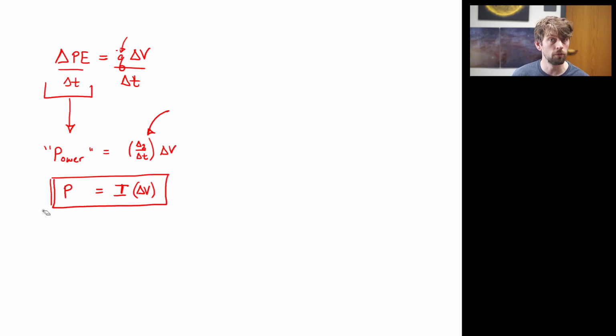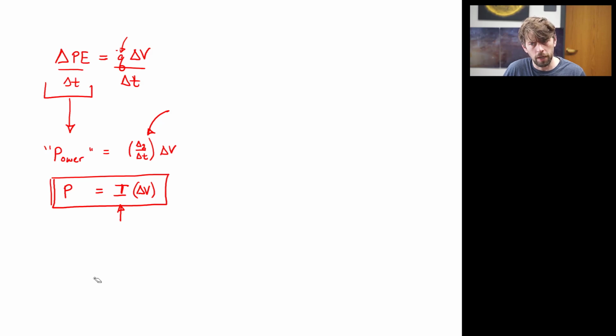If you want to know, for example, the power of a battery or the amount of energy being produced per unit time, we simply take the current that is flowing into or out of the battery, take your pick. We multiply by the difference in potential, namely what's written on the side of the battery, and that will tell us how much energy per unit time is being generated by the battery.